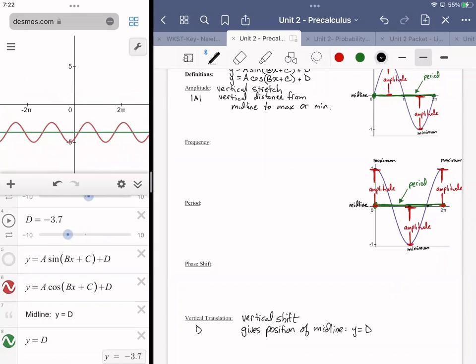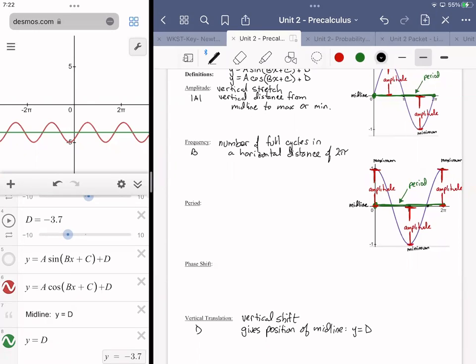All right, frequency. We've talked about frequency and period already, but in more of a hand wavy sort of way. A frequency is going to be the number of full cycles in a horizontal distance of 2 pi.